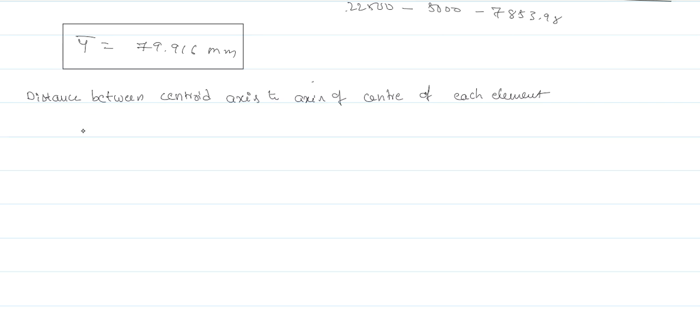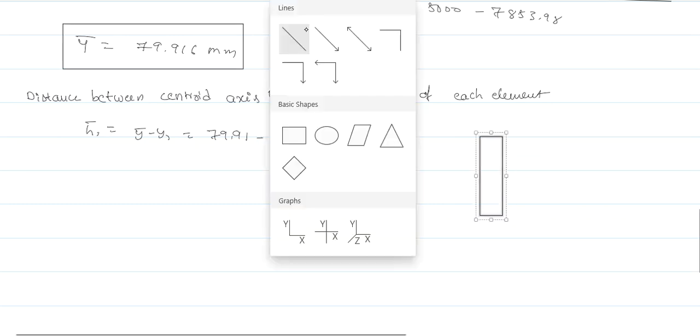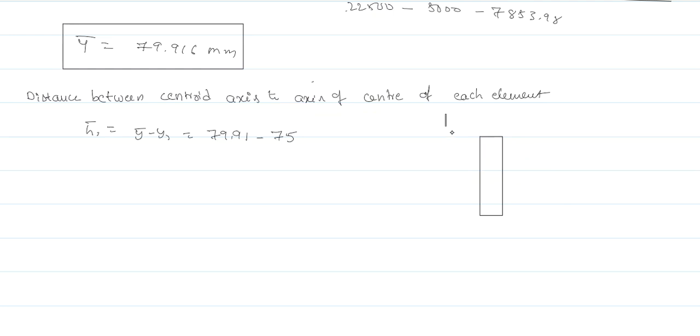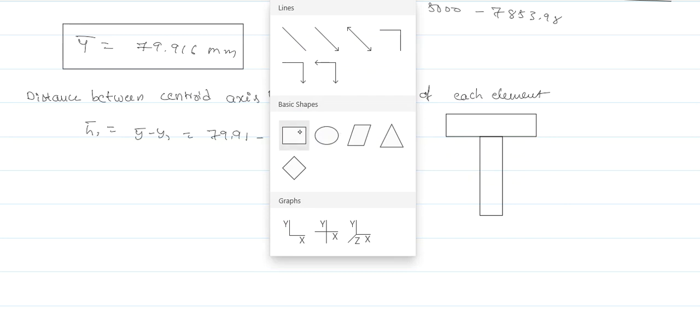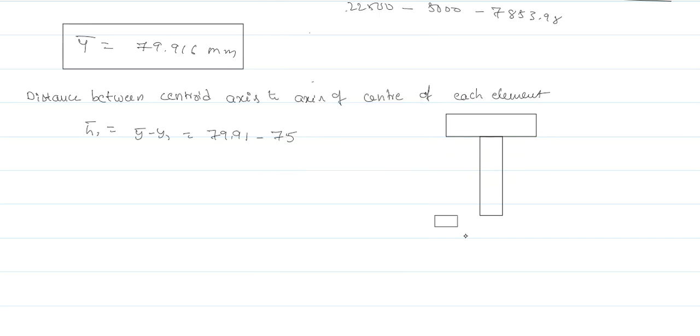So I would like to find h1 bar is equal to y bar minus y1. So where y bar is equal to 79.91 minus 75. Say I have an I section like this.